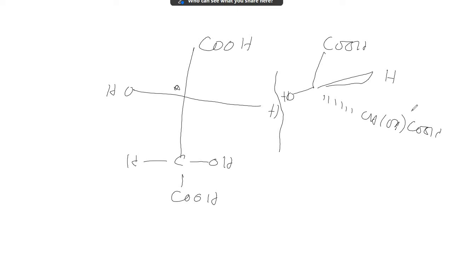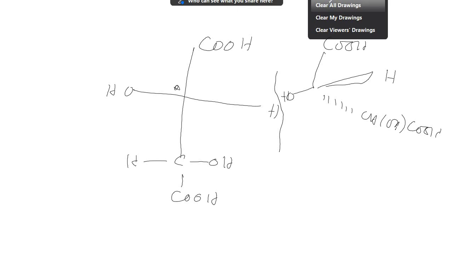Now I have to determine the absolute configuration, either through the flying wedge form or the Fischer projection form. In order to determine absolute configuration R and S, we should stick to the following rules.